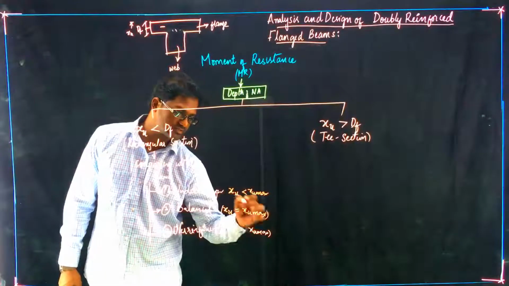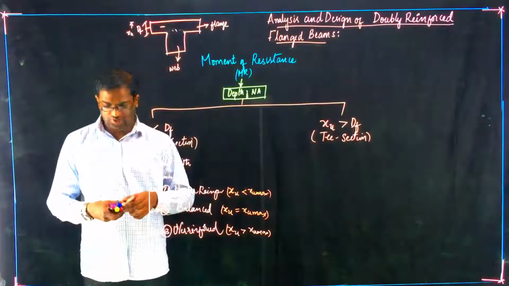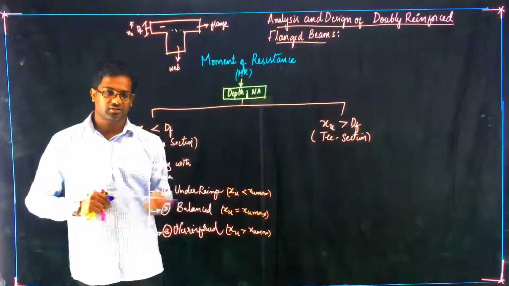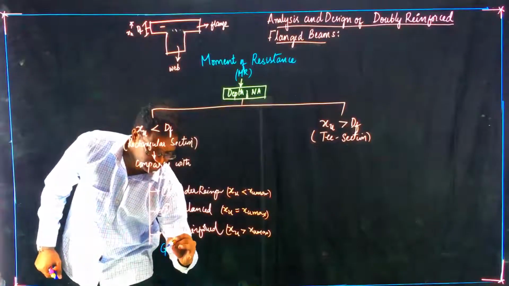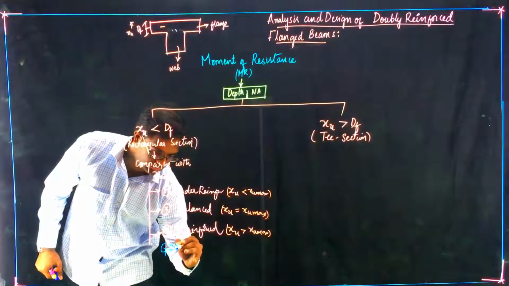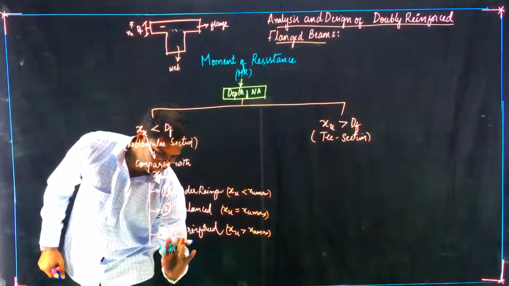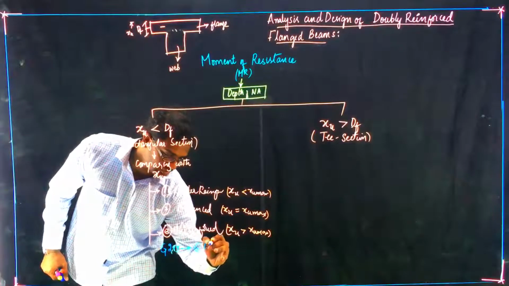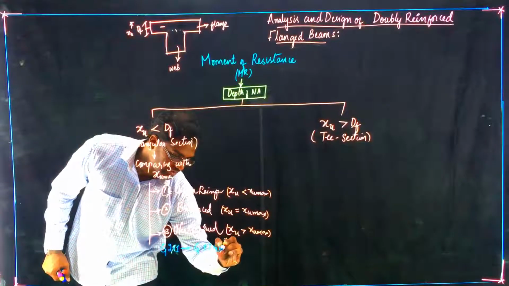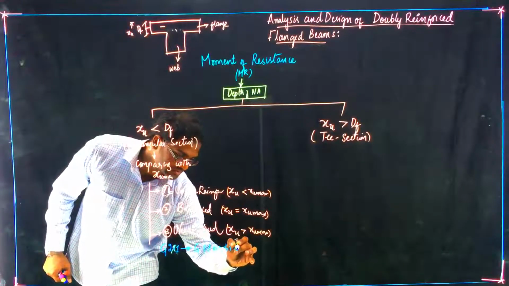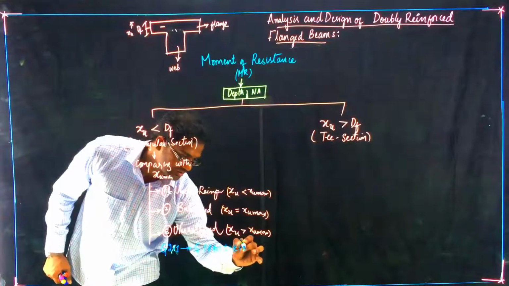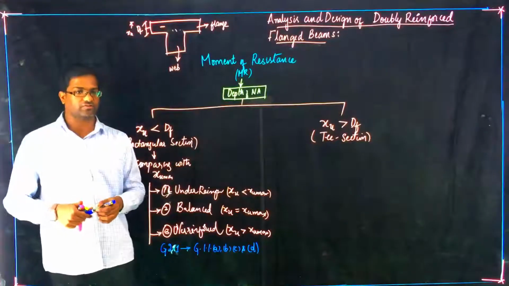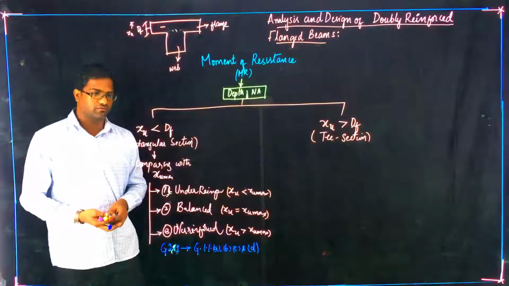Based on this, the clause which we are going to follow in this section is G 2.1, which again refers to G.1.1 A, B, C and D. These are the clauses which we need to refer when the neutral axis is within the web.